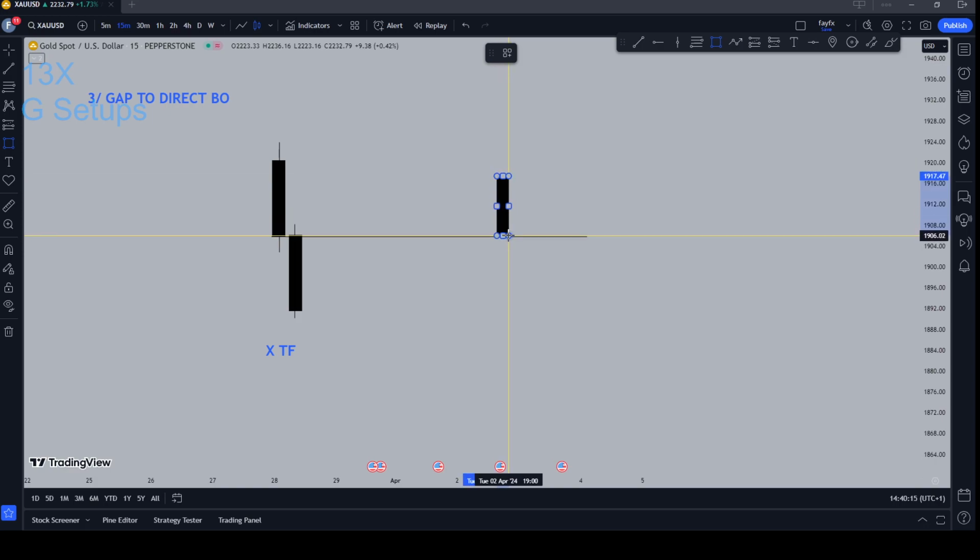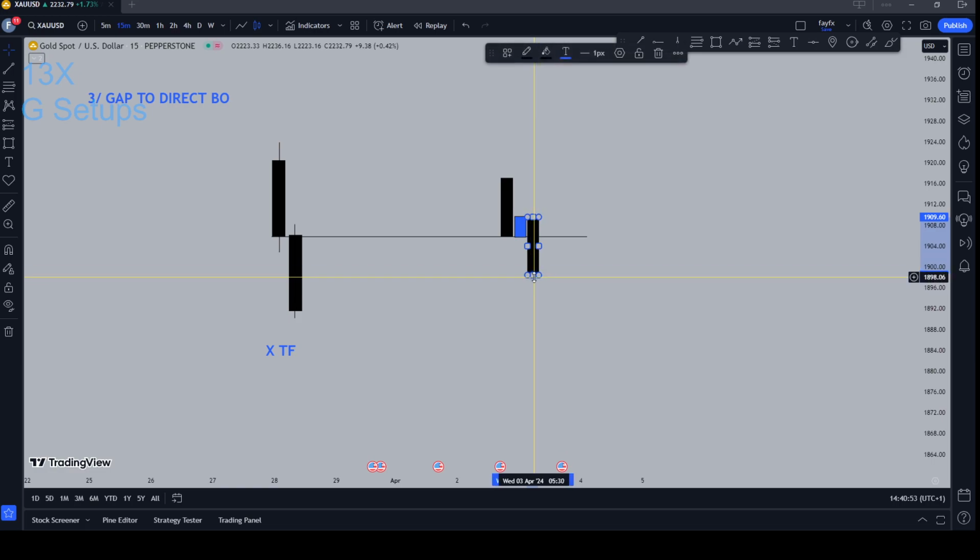We have a bearish gap followed by a bullish gap to form a V level, and the V level got instantly broken. That's what we call a direct breakout.